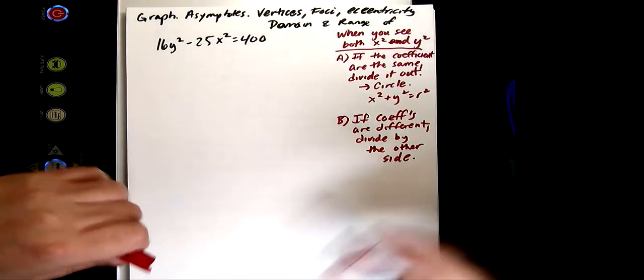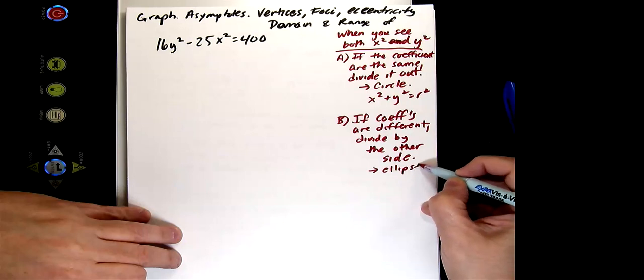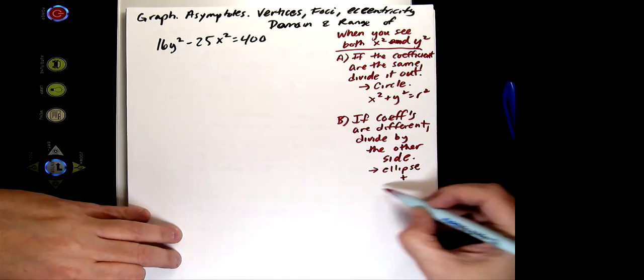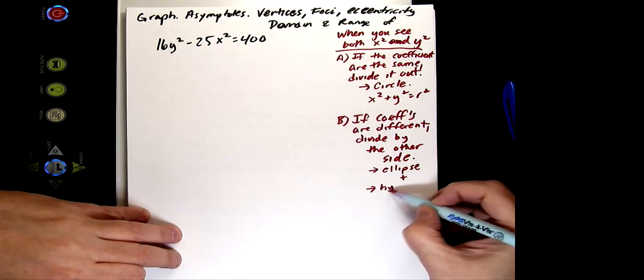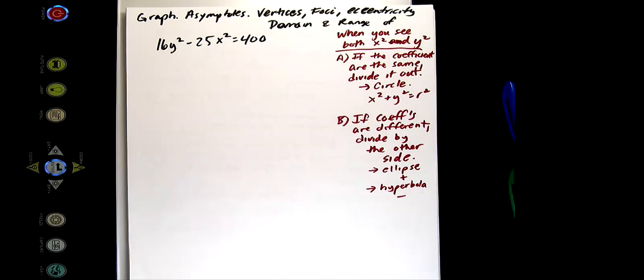This will lead to either an ellipse, if they have a plus between them, or a hyperbola if there is a minus in there. We did a setup like this with the ellipse where we had coefficients on them and we divided.